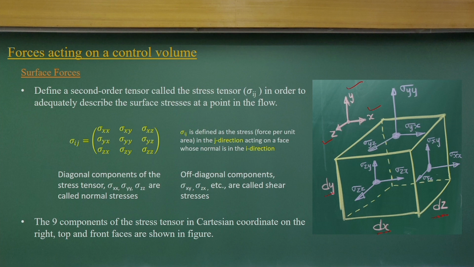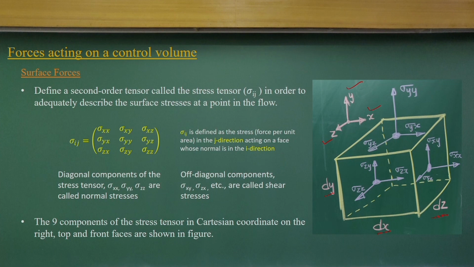This stress tensor will have 9 components. You may have this knowledge from solid mechanics, I am just repeating it. There is not much difference between solid mechanics and fluid mechanics at the stress level. So we have a stress tensor in order to describe all the surface force components.